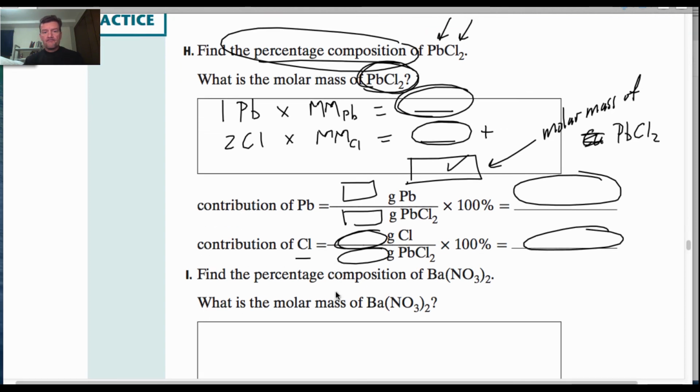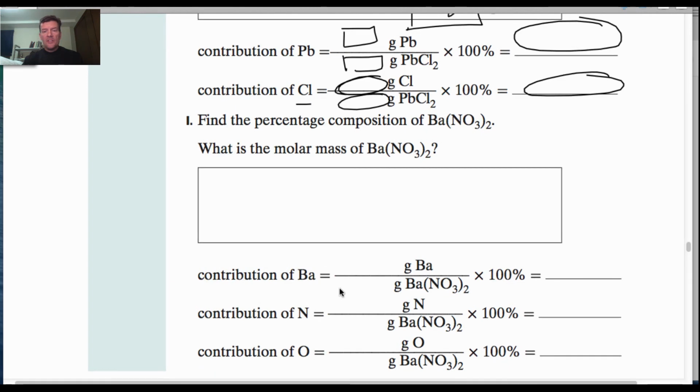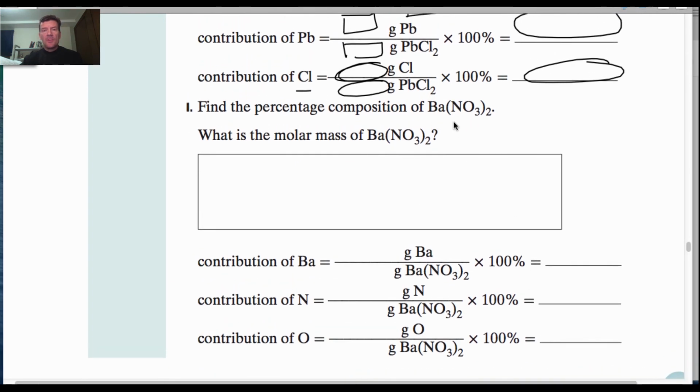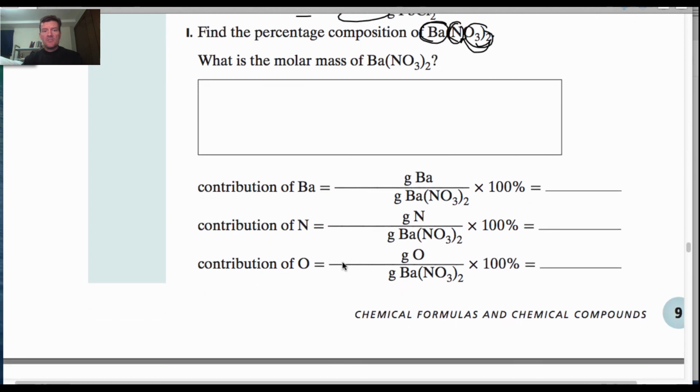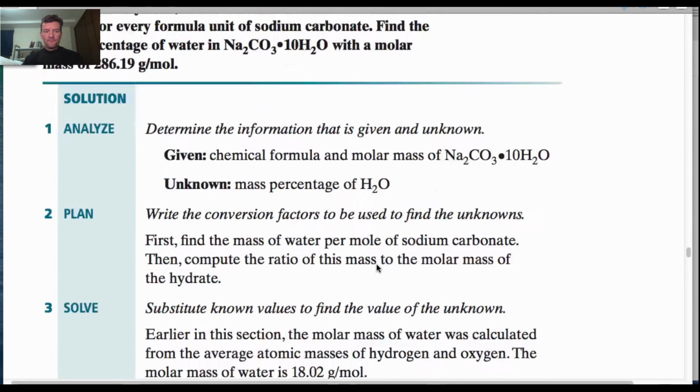Okay? Now one little note here, if we have 3 elements in here, notice that in a mole of this compound, you have a mole of barium, you have 2 moles of nitrogen, and you have 2 times 3, 6 moles of oxygen. So just be aware of that when you're doing the calculations. Okay?